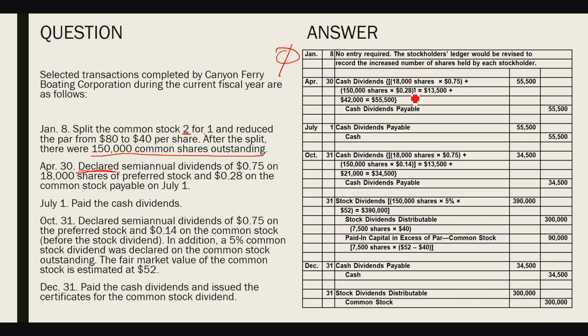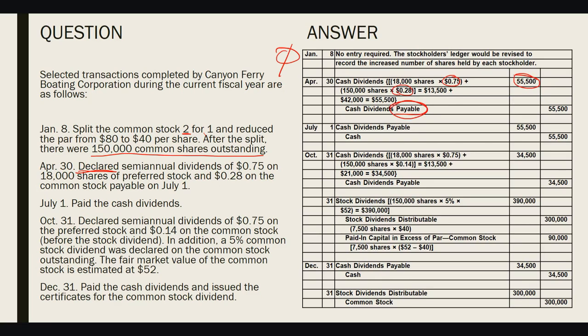Oh, and that also includes the 150,000 shares outstanding of the common stock against the 28 cents that we promised to pay. So we add those two values together and we come up with $55,500 in cash dividends that we promised to issue. And so we credit dividends payable because we're just doing a declaration, not payment.